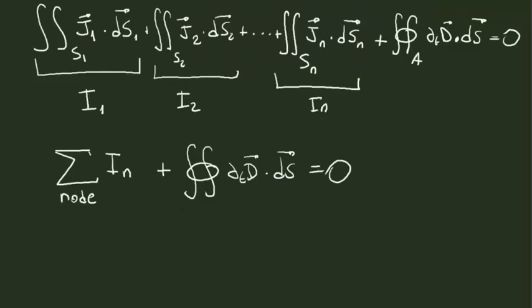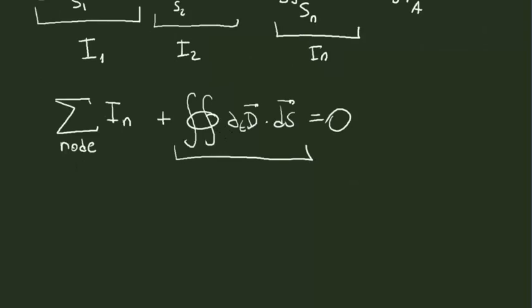That's not a problem. But here, this term is a problem because to really get to Kirchhoff current law, we need to get rid of this term over here. And one way of getting rid of this term is to integrate in a zero surface, but that's the trivial solution.